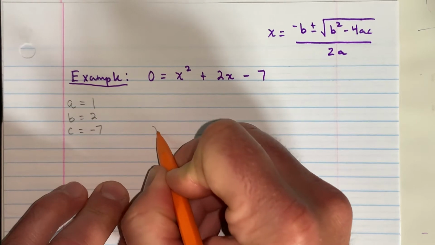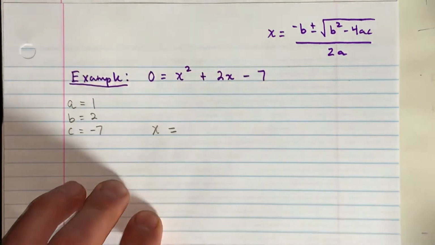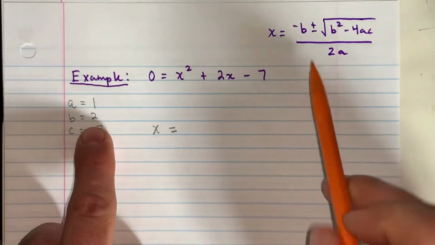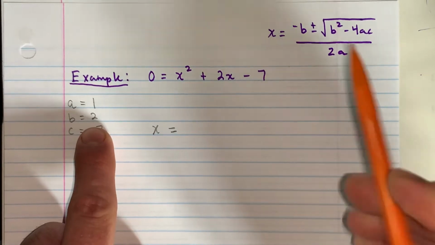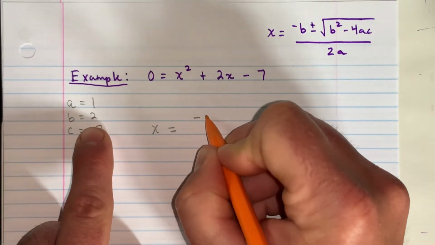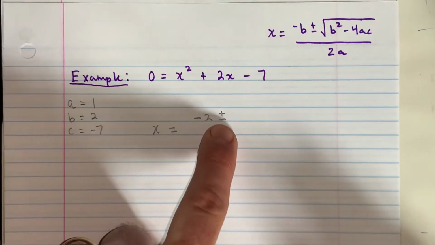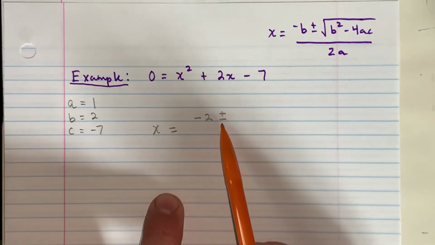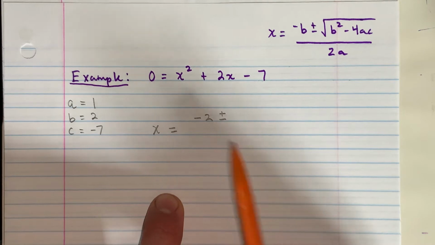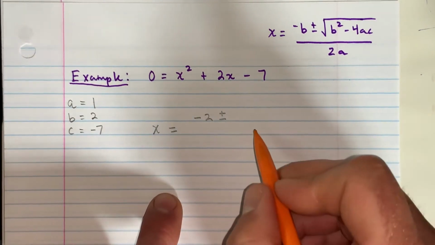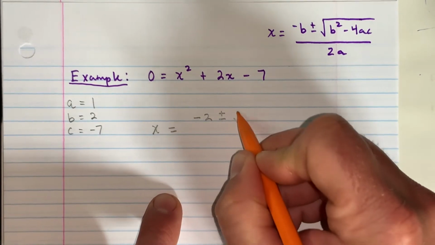So we know that our solutions, or our x-intercepts, will be at the opposite of B plus or minus, and remember this just essentially says that there could be two solutions, right? There could be two equations at the end that would give us an x-intercept.